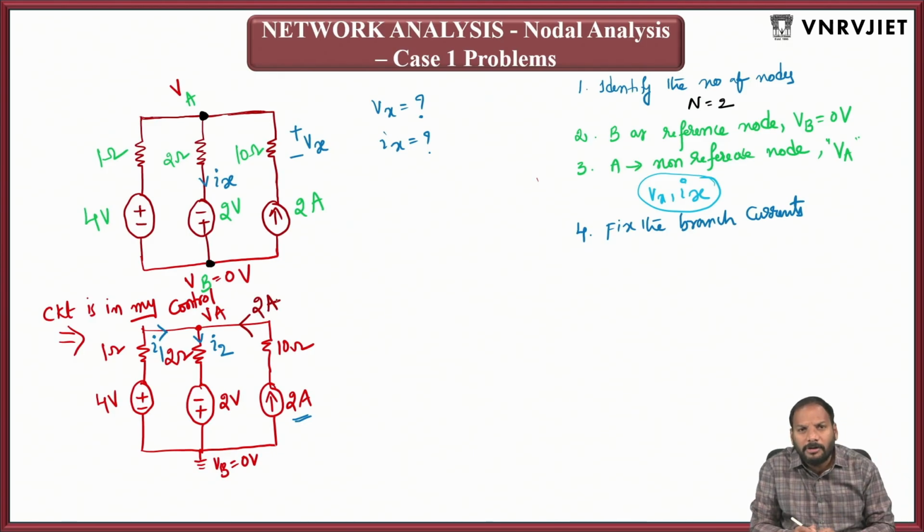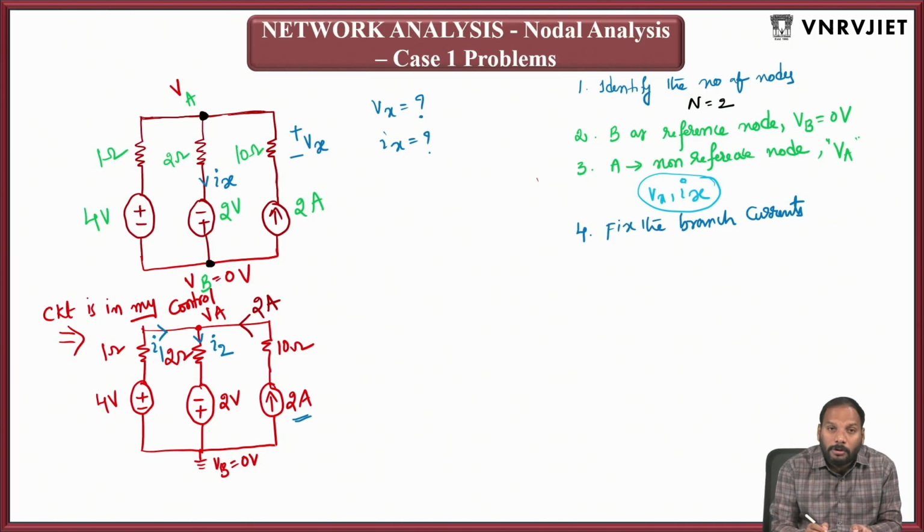I take that advantage because the branch is connected with a current source. Irrespective of anything in the circuit, always in that branch the current is fixed to 2 amperes because it is an independent source. So it does not depend upon anything. Continuously it will generate 2 ampere current, which is always coming out of the source. That is why this current you choose as 2 amperes. Don't take I3.